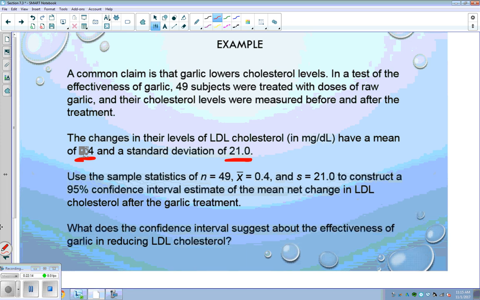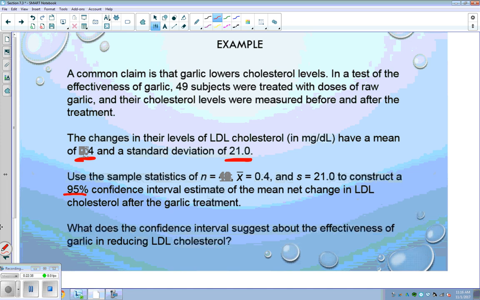So I'm going to use the sample statistics of n equaling 49, the sample mean of 0.4, and the sample standard deviation of 21 to construct a 95% confidence interval estimate of the mean net change of LDL cholesterol after the garlic treatment.